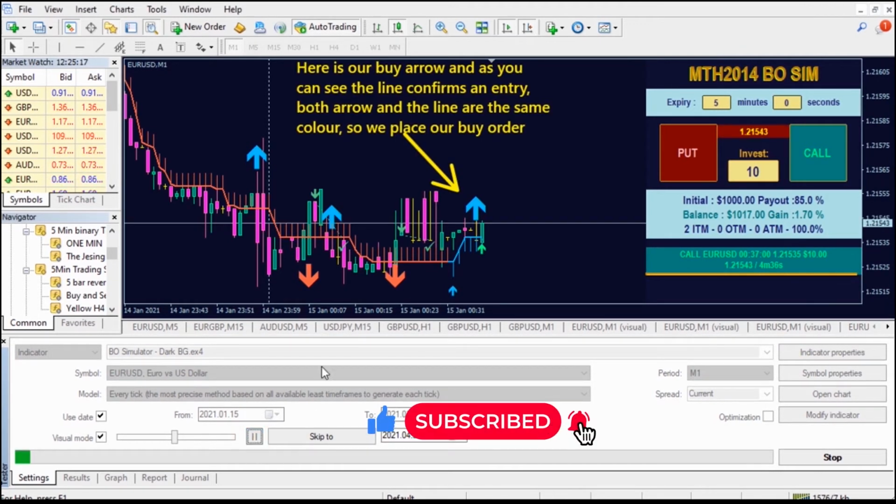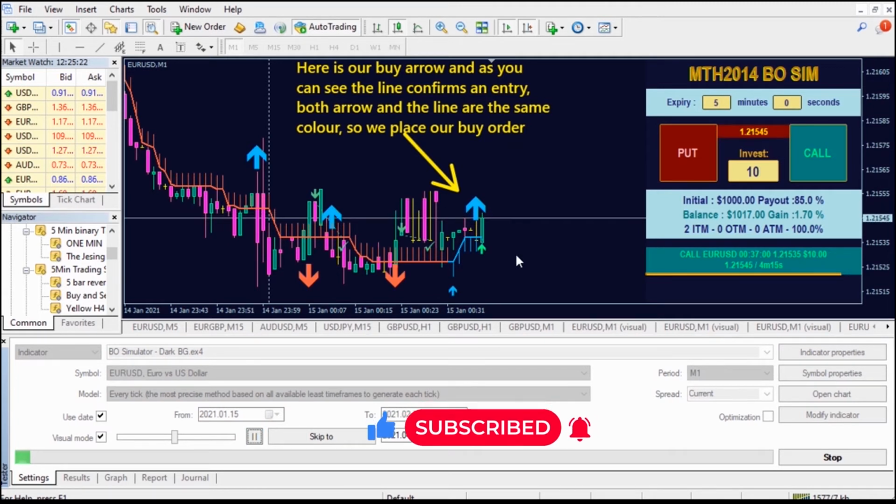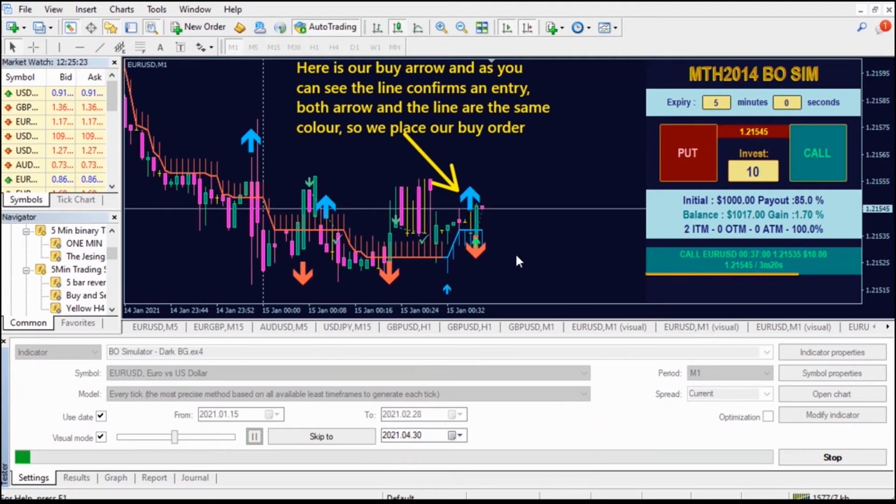Here is our buy arrow, and as you can see the line confirms an entry. Both arrow and the line are the same color, so we place our buy order.